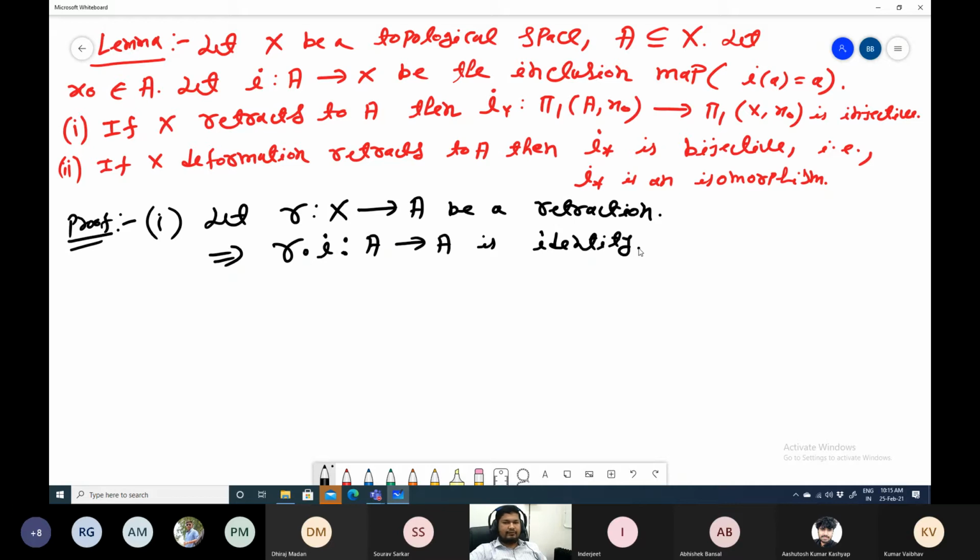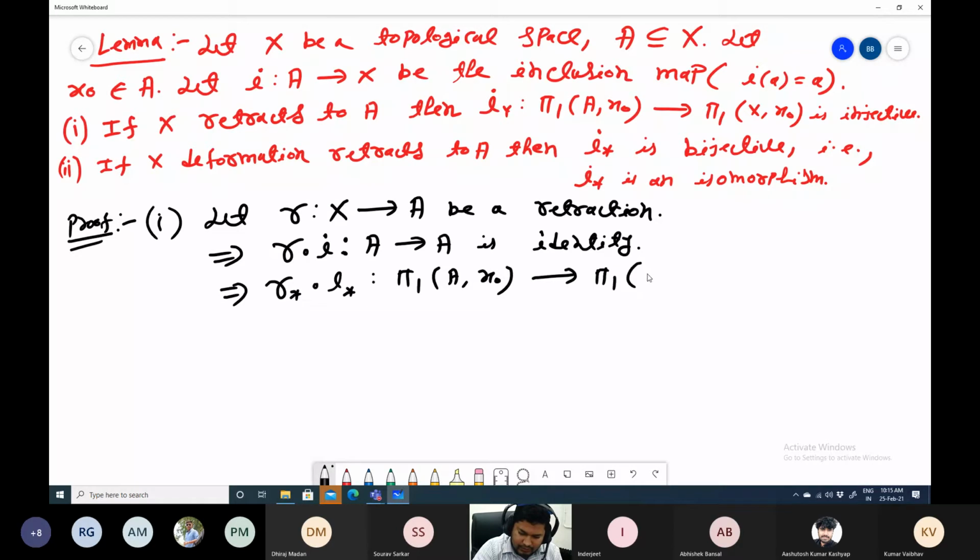It is just the definition of the inclusion map and the definition of retraction. Now, since this is the identity, therefore R star composed with I star, from pi 1 of A, x0 to pi 1 of A, x0, is also the identity.